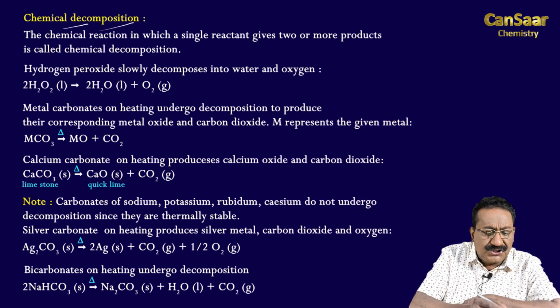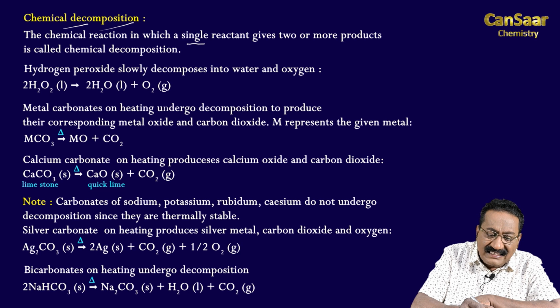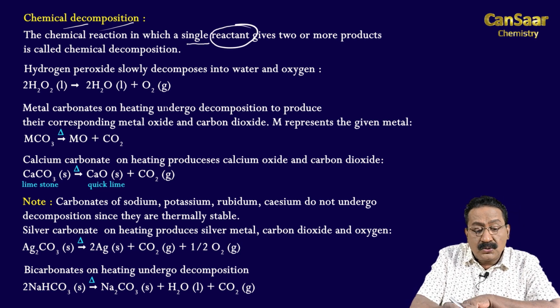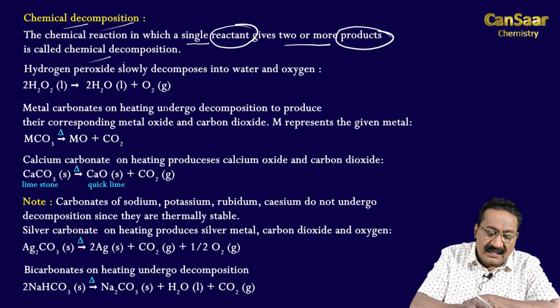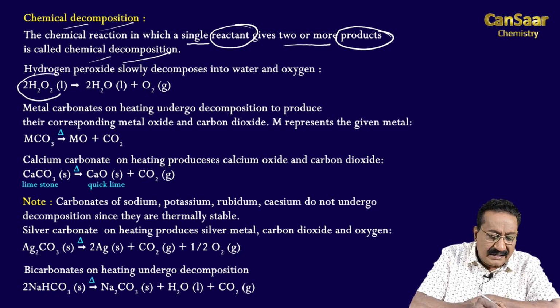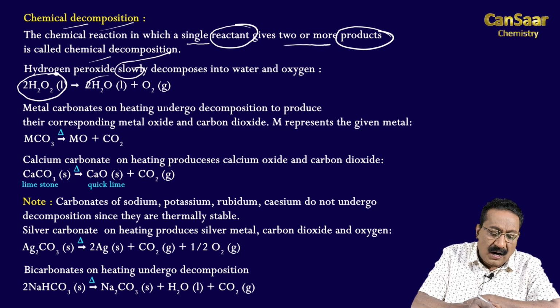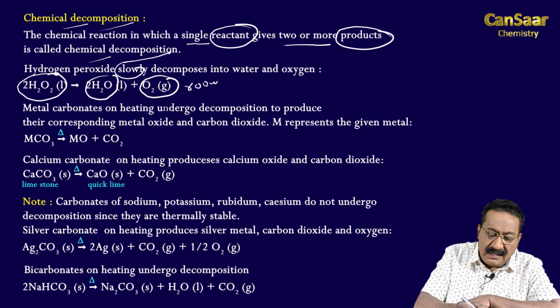Chemical decomposition: the chemical change or chemical reaction in which a single substance, the reactant, gives two or more substances, the products, is called chemical decomposition. For example, hydrogen peroxide decomposes slowly and gives water and oxygen gas at room temperature.